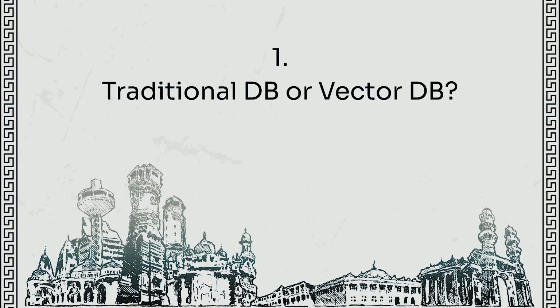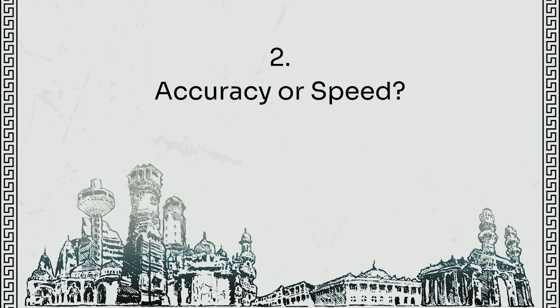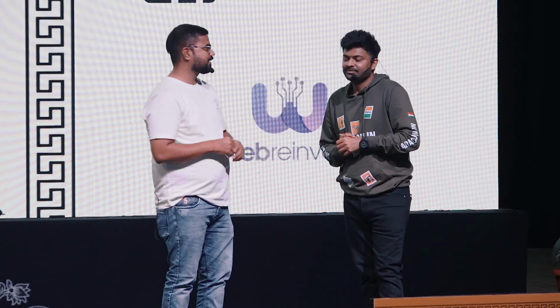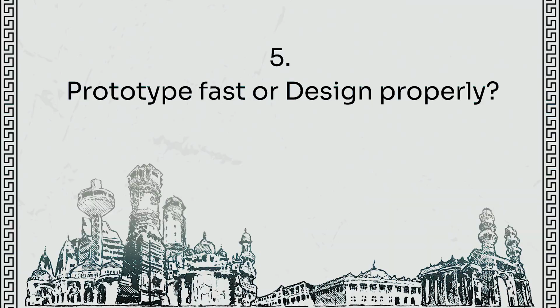All right. First, traditional DB or vector DB? It depends, but I would go with vector DB. Second, accuracy or speed? Obviously speed. Third, small models or big models? Starting with small models and eventually growing to big models. Cache embeddings or recompute? Caching. Fifth, prototype fast or design properly? Design properly.